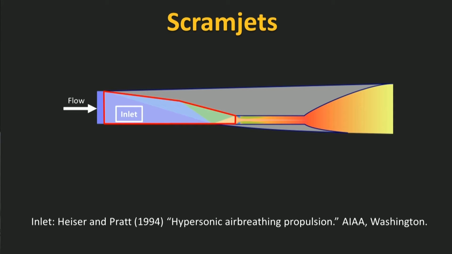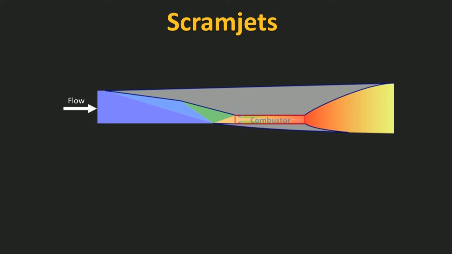The flow passes through 3 shock waves in the inlet. Shock wave number 1, 2, and 3. For an ideal flow, this inlet compresses the air so that the flow leaving the inlet is uniform and all travelling in the same direction. It's then ready to enter the next part of the engine, the combustor.